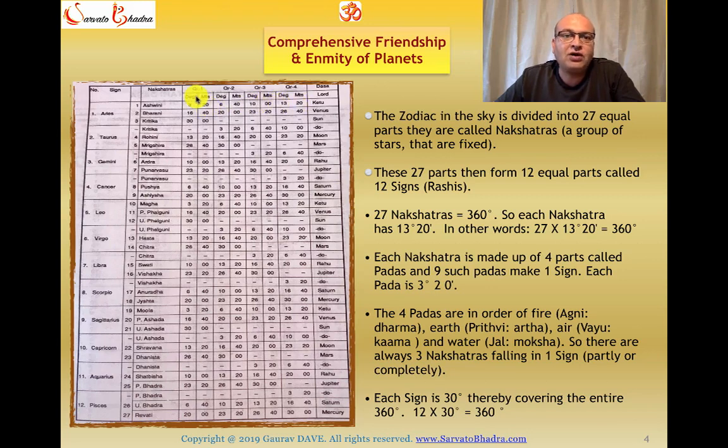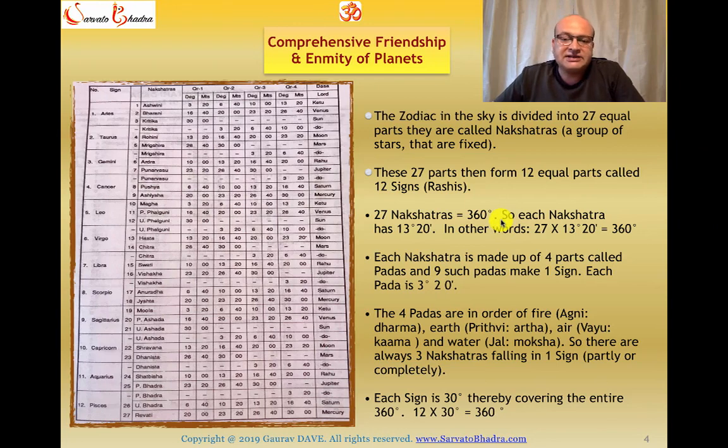These are the four parts of a nakshatra, and each has a span of 3 degrees and 20 minutes. We can see exactly it is 3 degrees 20, 3 degrees 20. So here it is 6 and here it is 40. Similarly, it's moving with this figure.